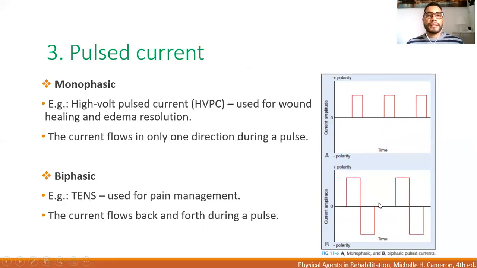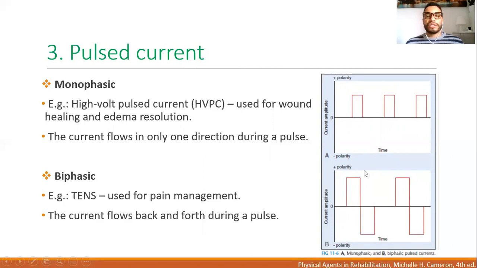So I will give you some more definitions regarding these graphics here. I was talking about pulse and phase. So this is one pulse, as you see here, and this is a phase. So during a pulse, the current flows back and forth.